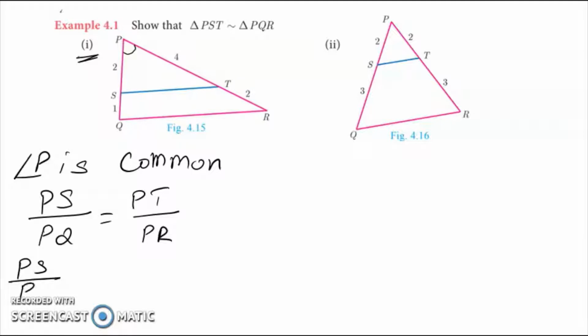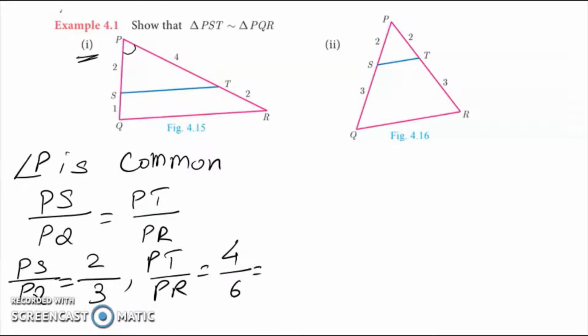PS by PQ will be equal to PS is 2 over PQ is 3. And our PT by PR is equal to 4 over 4 plus 2 is 6. That's our PR. So that's equal to 2 by 3.